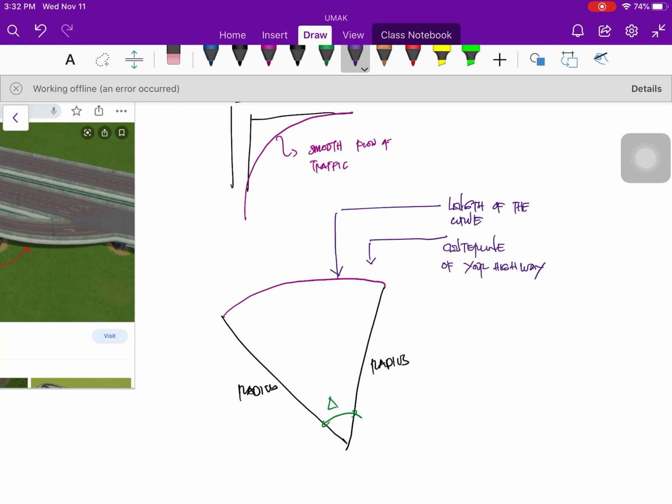Apart from that, you have the tangents. We can consider those tangents: let's consider this as tangent 1 and this as tangent 2.